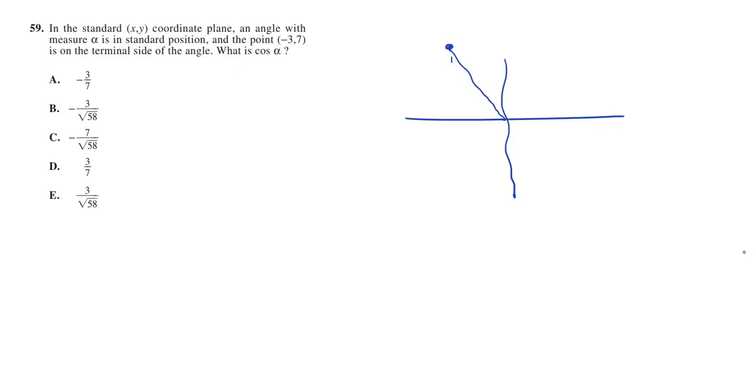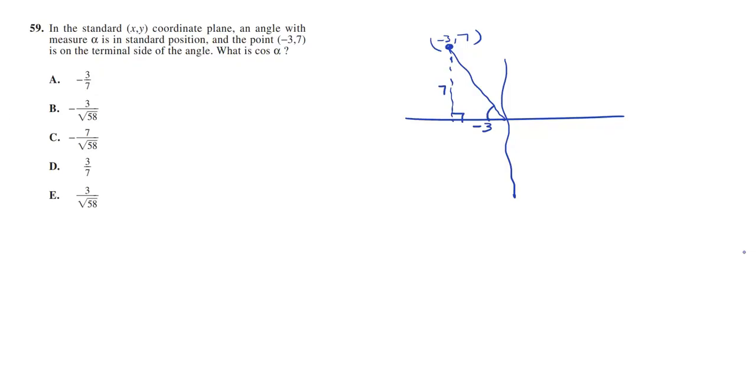What is cosine of alpha? So let's just draw this. -3, 7, that's going to be right here. So this is -3 here, and this is 7. Remember that your angle always forms with the x-axis. It never forms with the y-axis. If you're trying to find a reference angle, it's always going to be with your x-axis.